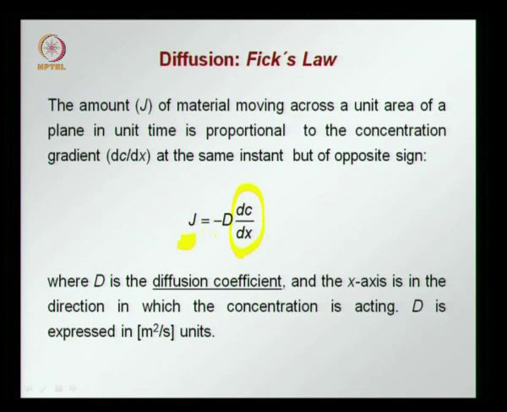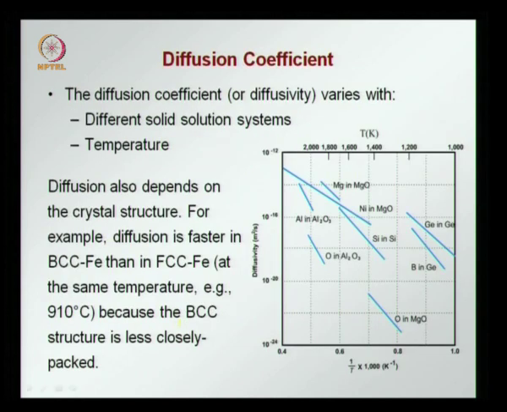So, J is equal to minus D dC over dx. D is called the diffusion coefficient, and here x is the direction along which the concentration gradient is acting or diffusion is occurring. The diffusion coefficient is expressed in meter square per second.